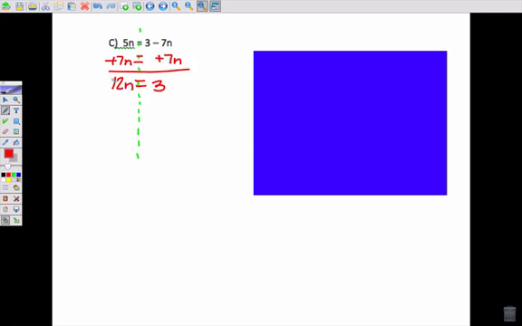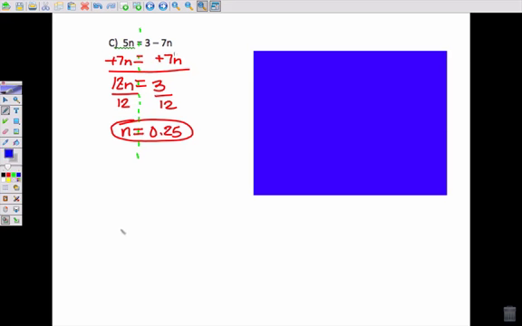Now, at this point, a single variable term equals a single constant. This is 12 times n, so to undo that multiplication, I would divide both sides by 12. Plugging this in your calculator, you would put 3 divided by 12, and it works out to be exactly 0.25. So in this case, it's perfectly fine with me if you give your answer as a decimal.